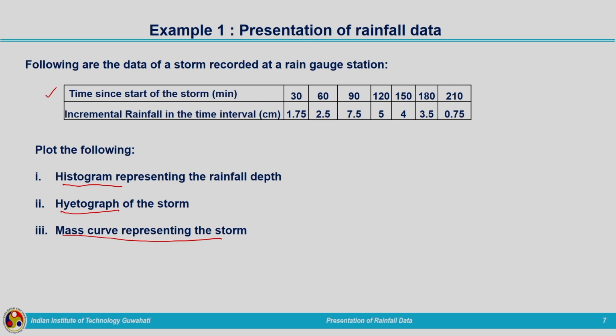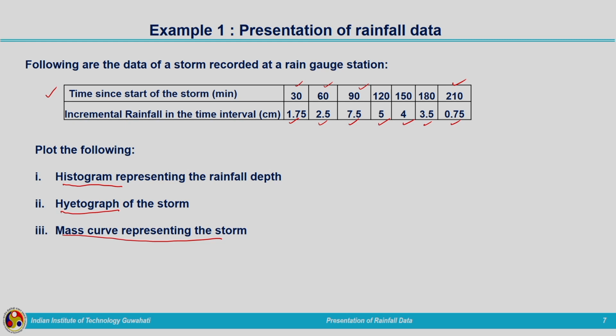For each time interval, how much rainfall has occurred is given in this table. So, this is 30 minutes, 60 minutes, 90, up to 210 minutes. At 30-minute intervals, within that increment how much rainfall occurred is given in the table.